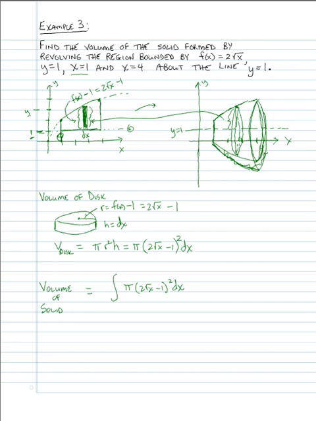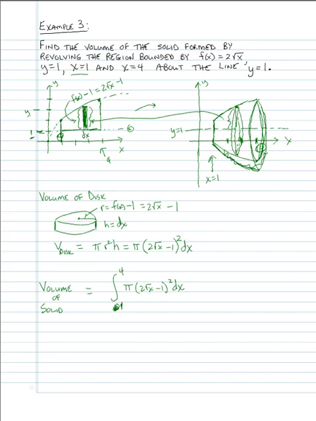But the disks start when x is equal to, oops, not 0, but 1. Excuse me, when x is equal to 1. See, the disks start at that x equal 1 value, and they stop, here's 2, 3, 4. And actually my 4 was in there, you just couldn't see it. So that's how far the disks go over, and that's related to this 4 right here, isn't it? Okay, so we integrate from 1 to 4.